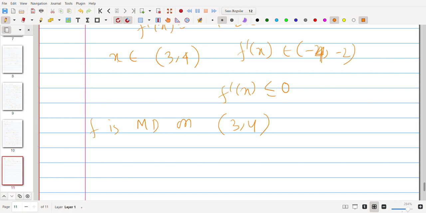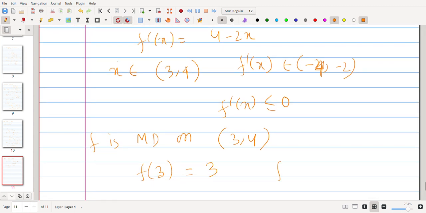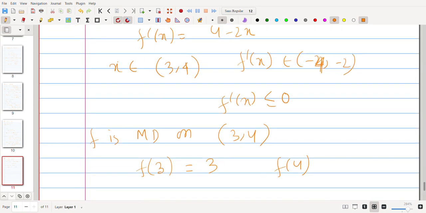Right? Then let's say f of 3. F of 3 is 12 minus 3 squared, that means 3. F of 4 is 16 minus 4 squared, that is 0. Right? So since we can't attain exactly 4, that means our x2 plus 2 lies between 0 and 3.